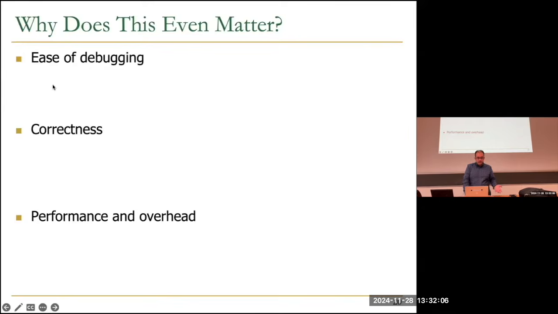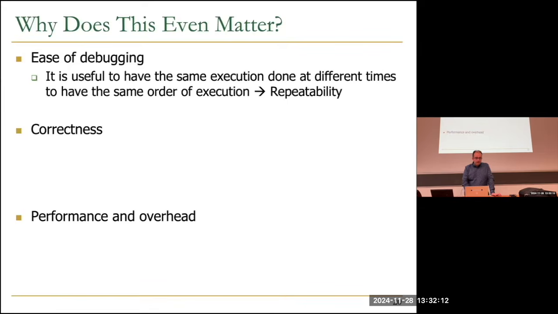So why does this even matter? There are three reasons: ease of debugging, correctness, and performance and overhead. For ease of debugging, it is useful to have the same execution done at different times have the same order of execution, which is important for repeatability. Even though this is really important, many parallel processors like MIMD architectures don't really provide that.